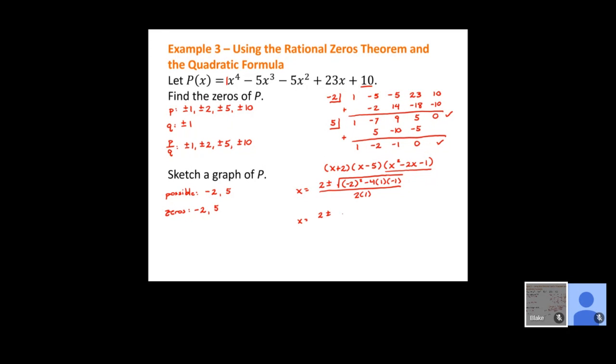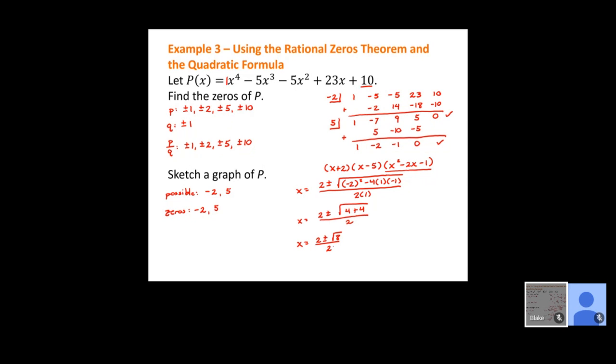So we've got 2 plus or minus the square root. Negative 2 squared is 4. Negative 4 times 1 times negative 1 is going to give us a positive 4, all over 2 times 1, which is just 2. Right, 4 plus 4 is 8. So now we're left with x equals 2 plus or minus the square root of 8 over 2.